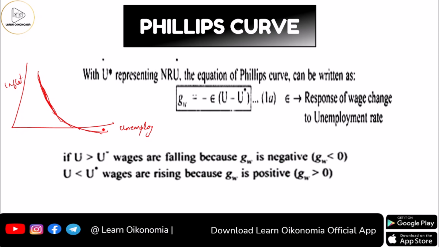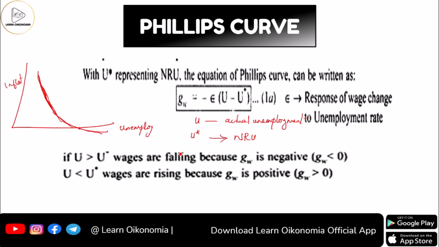And whenever we consider Phillips curve, let's consider 2 points. First is U, which would be the actual unemployment. And then you have something called U star. U star shows NRU, or the non-accelerating inflation rate of unemployment.